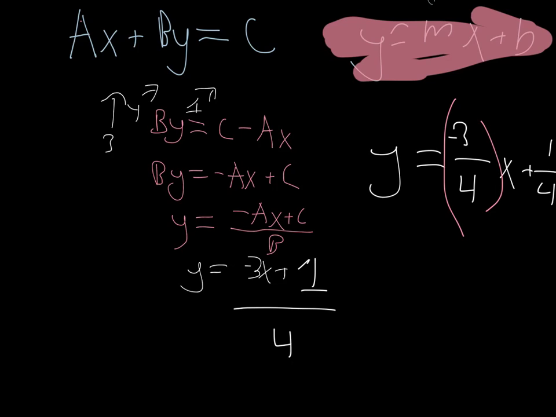If in any tests they give you standard form and want you to change it to slope-intercept, this is the process you have to go through. Basically, algebra. You have to go through the algebra steps and substitute values, and you'll get what the slope is. So now we'll be going into point slope.